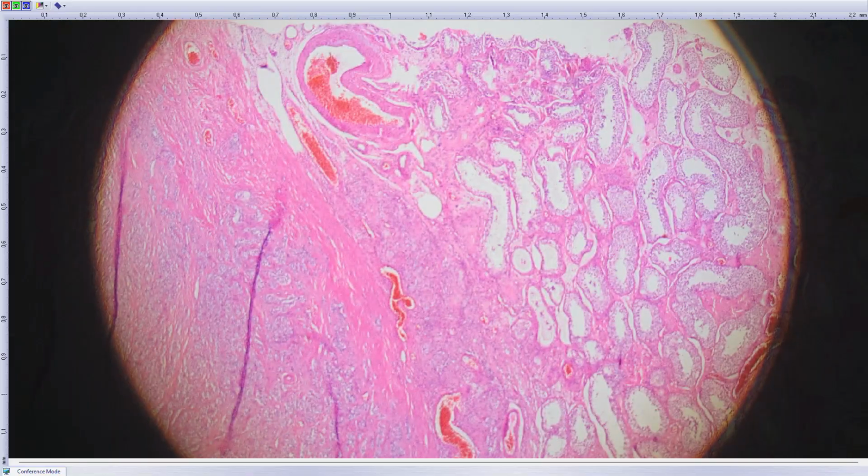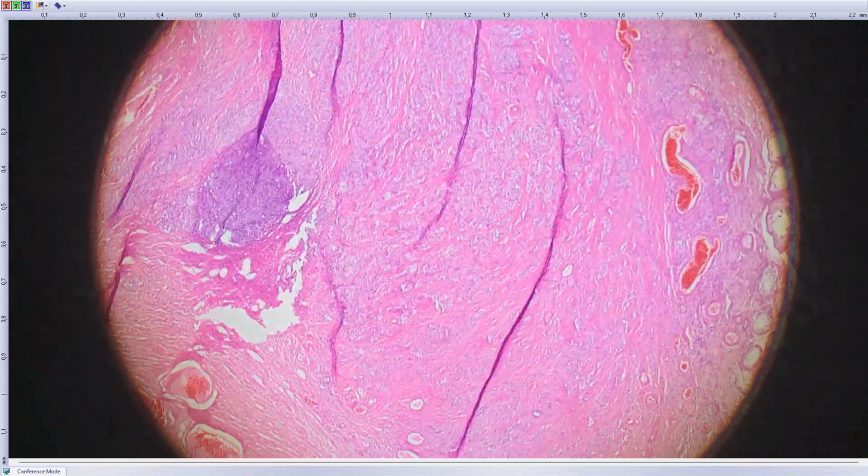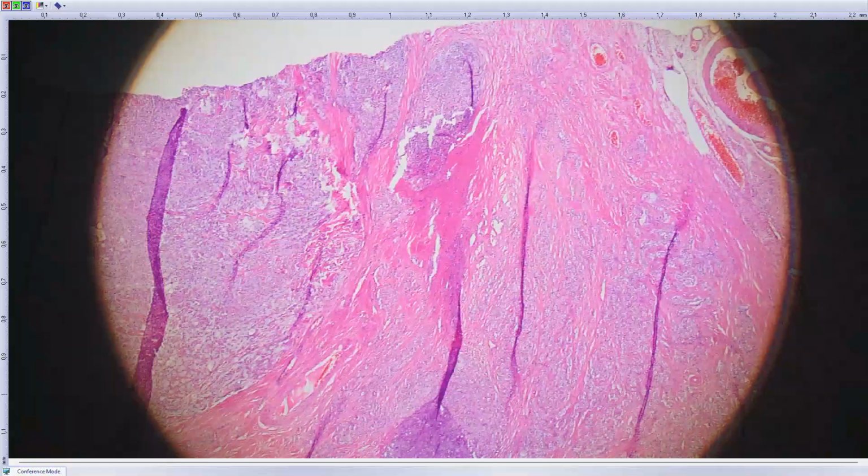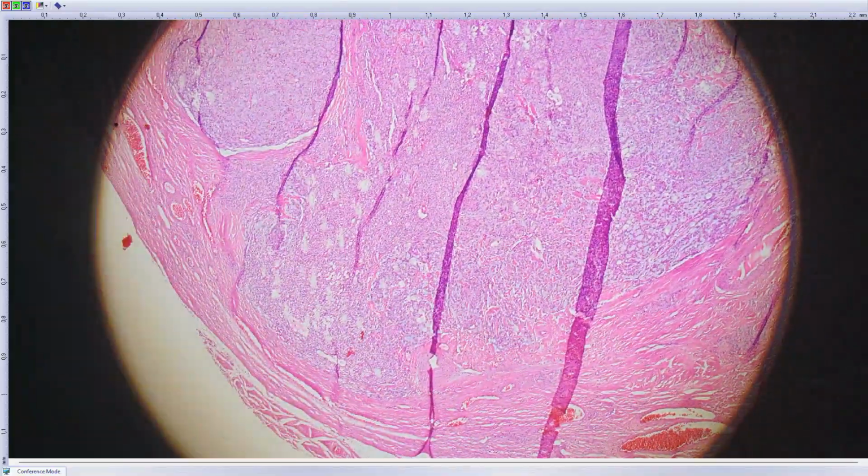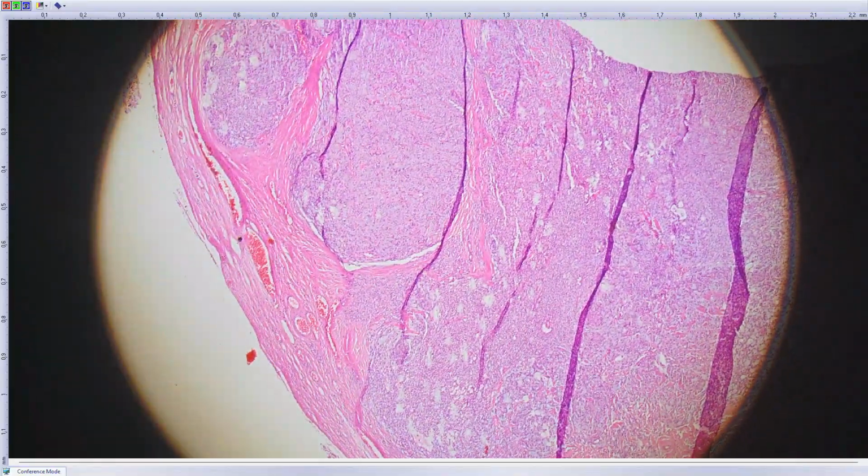My first case is a testicular case, in a man born in 1987. Here we have a tumor of the testis, which is a well circumscribed tumor.